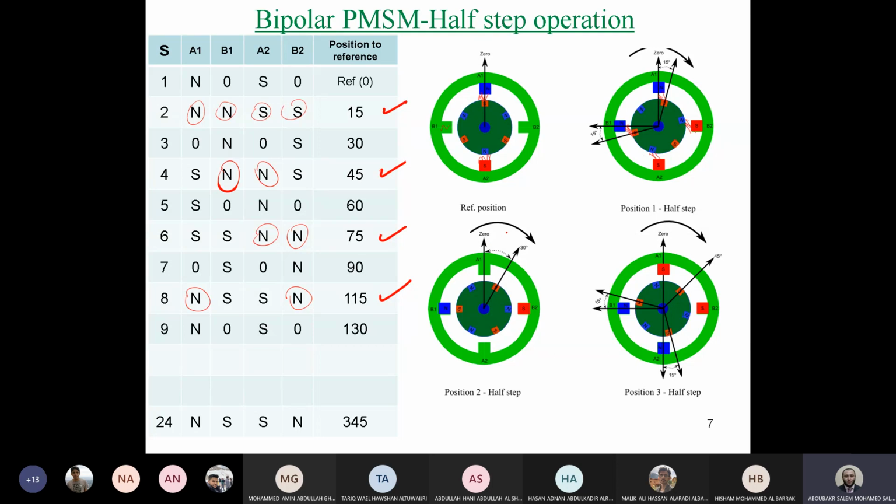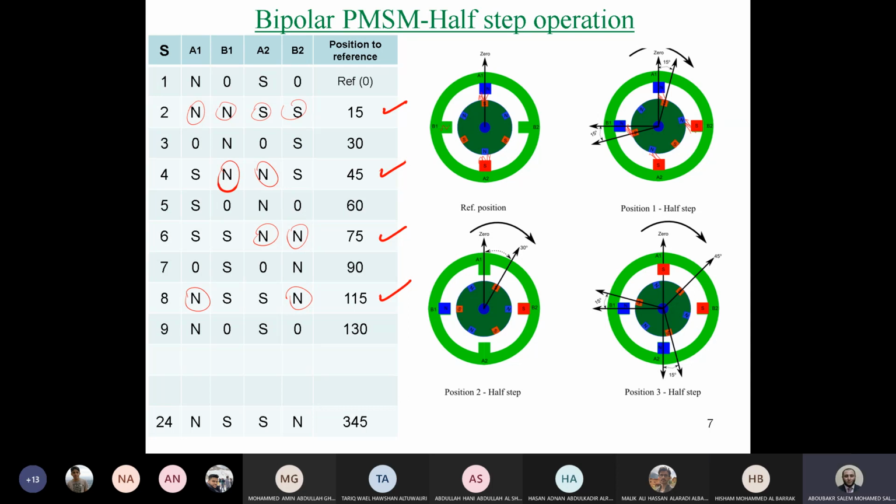So the maximum possible power can be obtained in a permanent magnet stepper motor in case of bipolar half step or full step if we consider this sequence. This will be the first step, second step, third step, and so on. So this is the way we can increase the power or move the motor in half step operation. Is it clear?